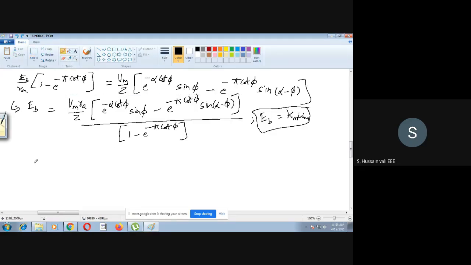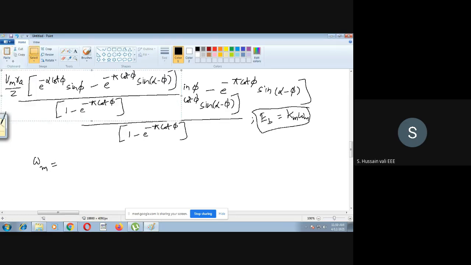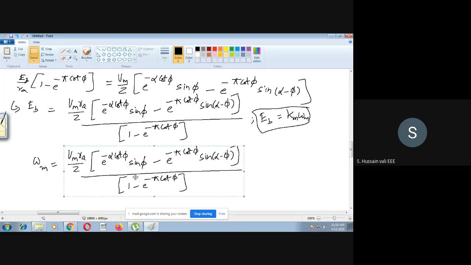So omega m is equal to this expression we got.